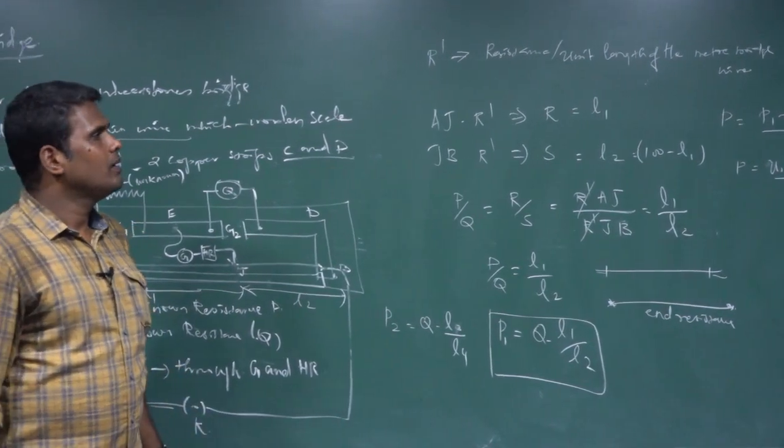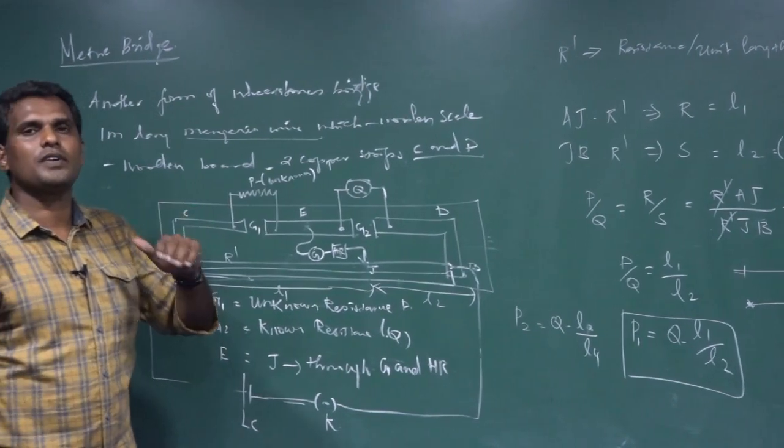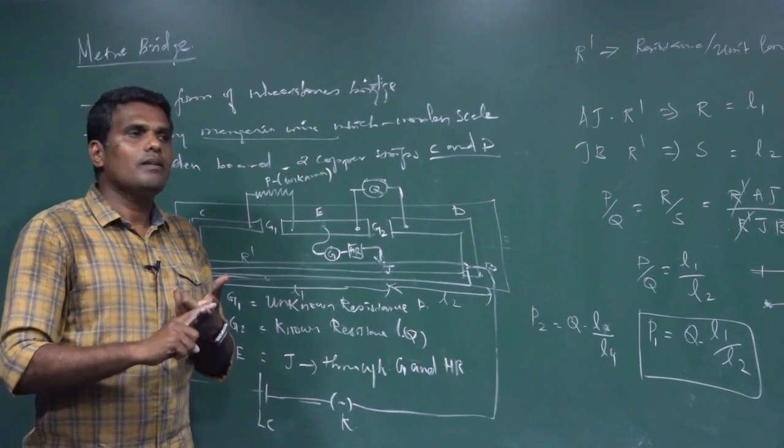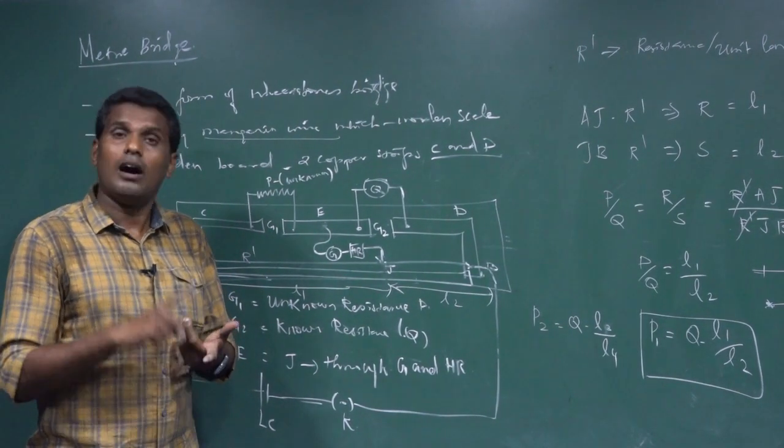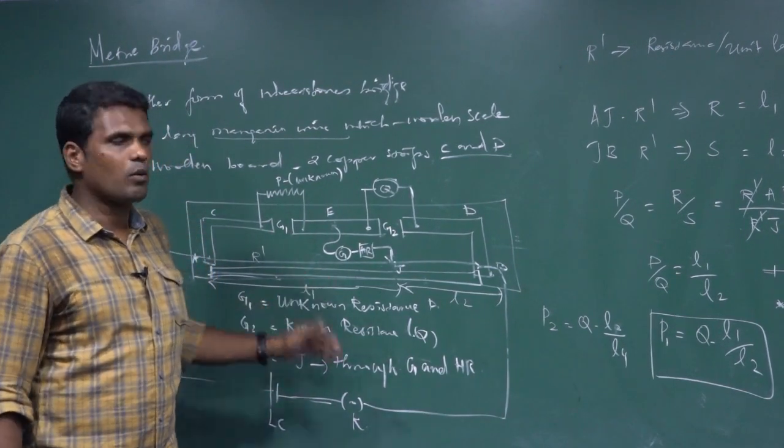So, in the beginning, I told you a meter bridge serves the purpose of determining the value of unknown resistance. Also, it is used to determine the specific resistance of the material of a given wire.